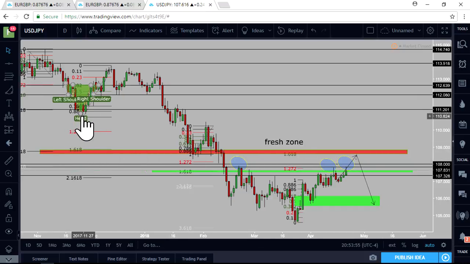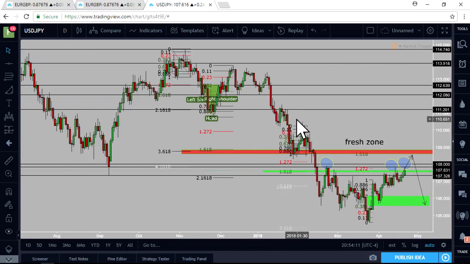All I drew was from here to here. 618 came down here. Right around this level, that market dropped, came back up. This is extra confirmation.